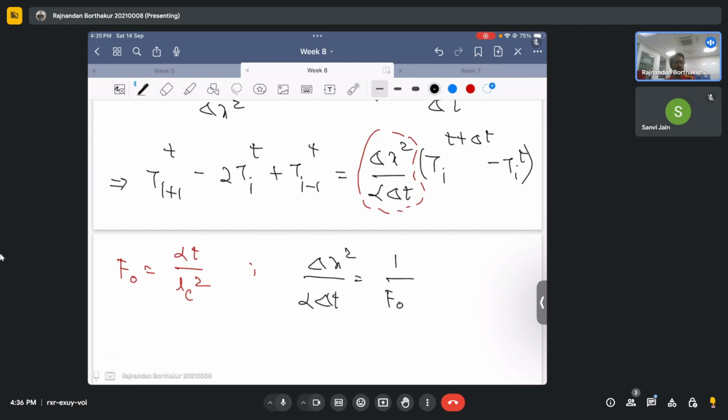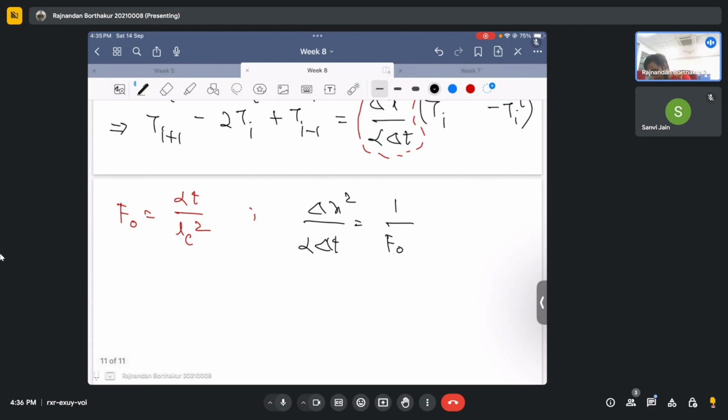The essence of this Fourier number is exactly the same as the Fourier number we saw in lumped capacity analysis. But you can see that this Fourier number is the ratio of alpha times the time step difference by the difference in the grid size. It is a Fourier number associated with the numerical discretization.